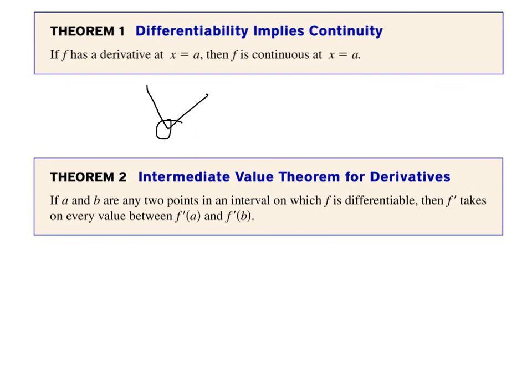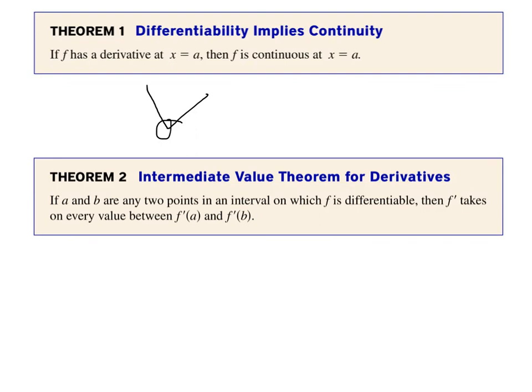It would have to hit a slope along that whole stretch. Now it can change a bunch of times. It could go up and down and up and down, but somewhere between point a and point b, it hits every value there. So if the slope was negative 1 and then it was 5, every number between negative 1 and 5 occurs somewhere along there at least once.